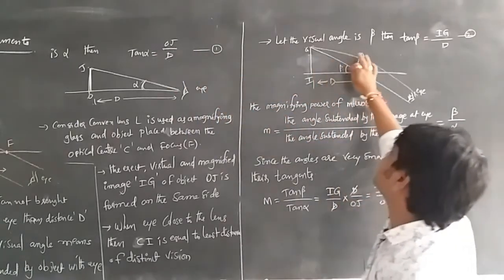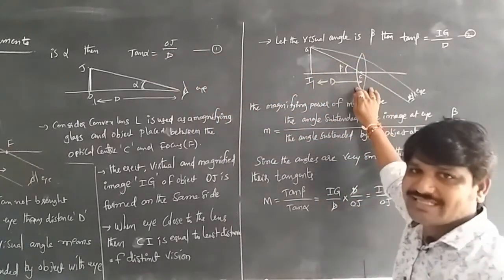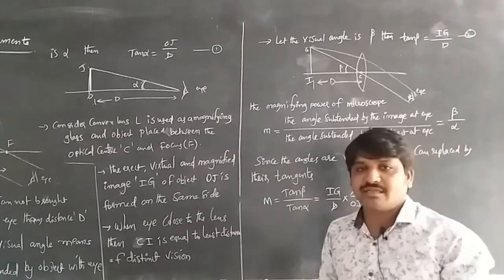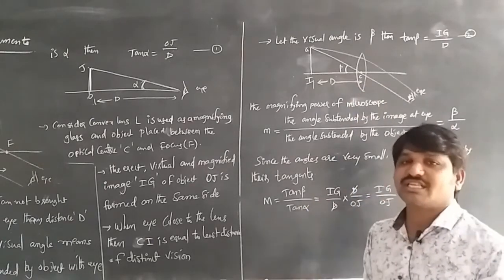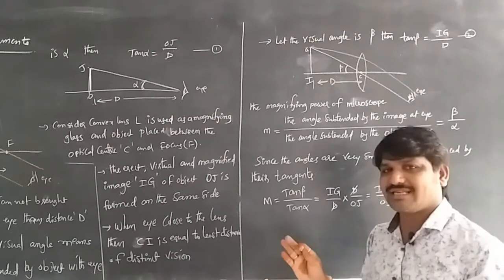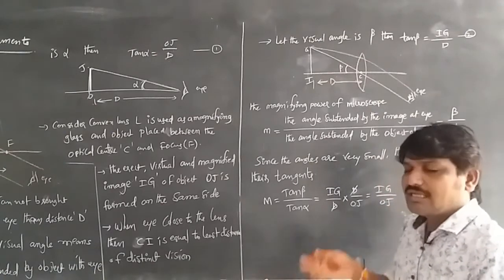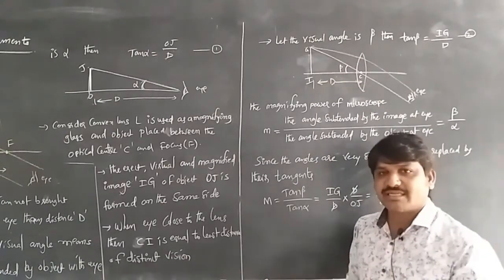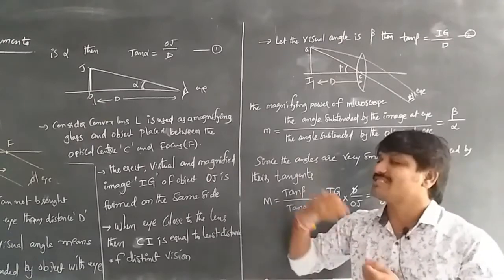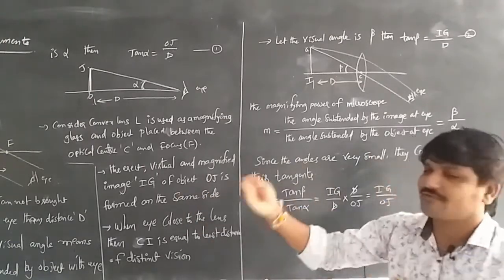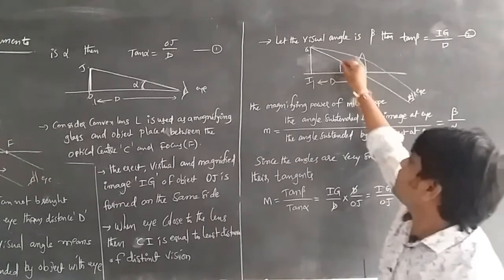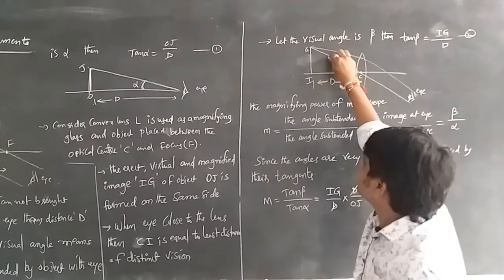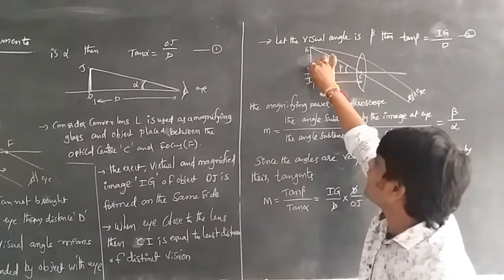When the convex lens is placed between the eye and the object, with the object between the optical center and the focus, a magnified, erect, virtual image is formed on the same side as the object, behind the object.